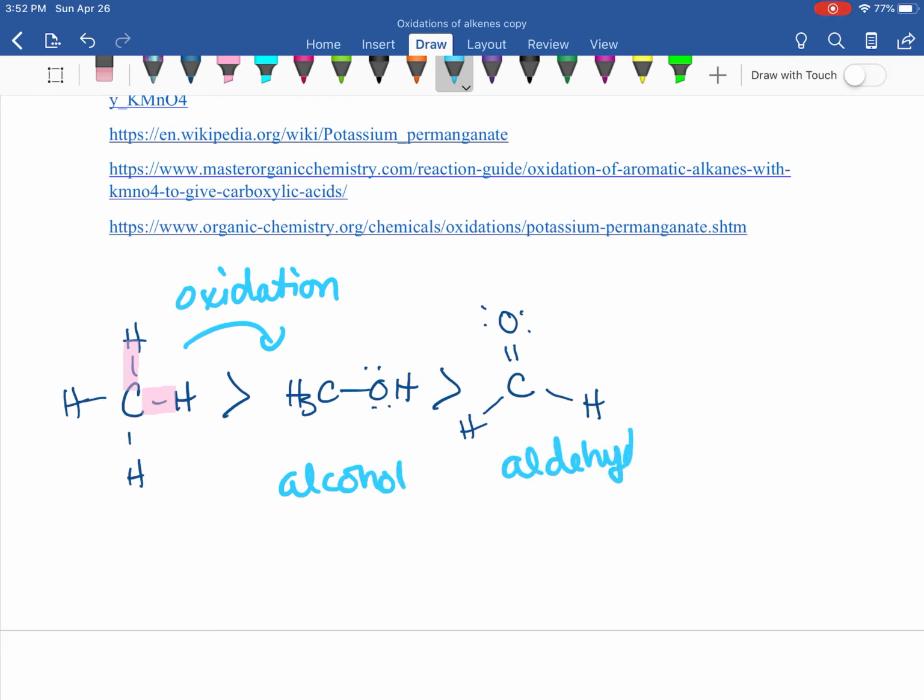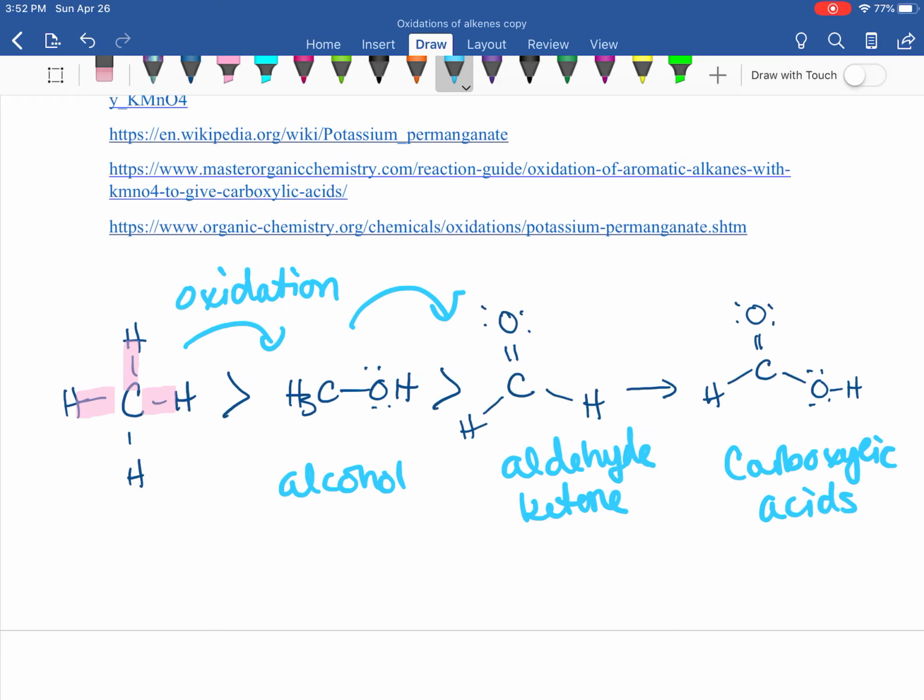So you'll notice that we're changing our functional groups. We went from an alkane to an alcohol to an aldehyde. Now, aldehydes and ketones are the same oxidation level. And we just did an oxidation to get there. And we can keep going. So what happens now if we swap 3 bonds with oxygen? What functional group do we get to that has 3 bonds to oxygen?